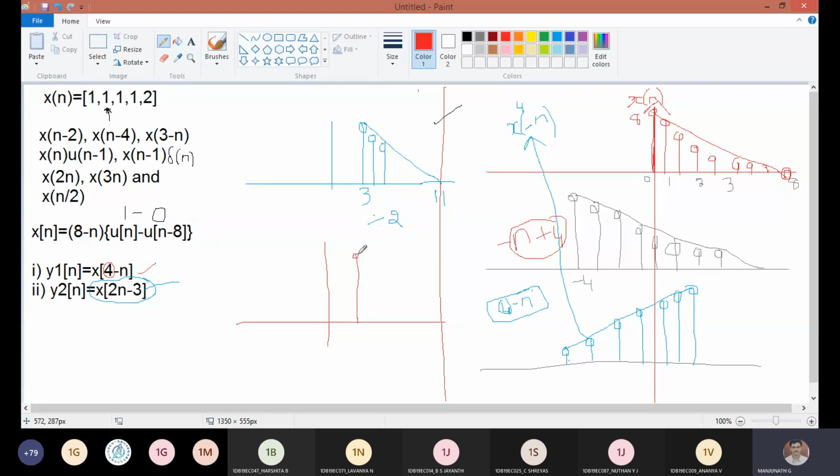Next, it's 5.5, since the last point 11 divided by 2 is 5.5. So from 1.5 we are going till 5.5. For 5.5, you are going to get 0. So this is what the curve is.